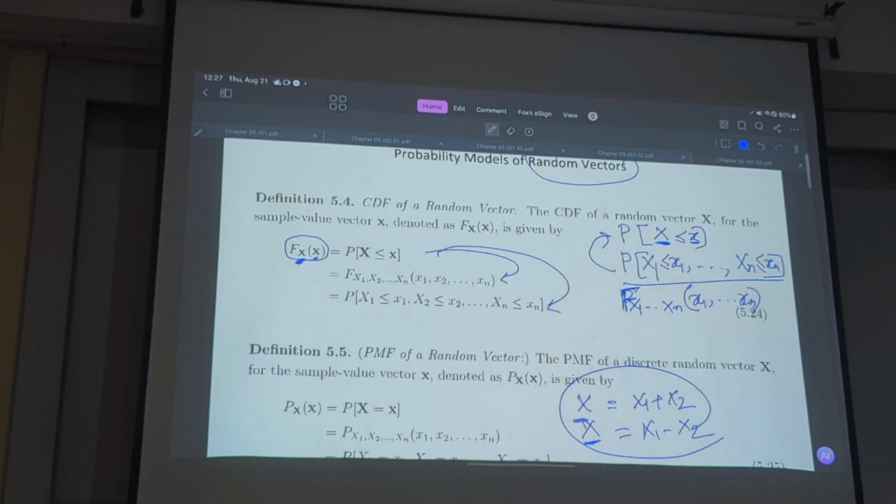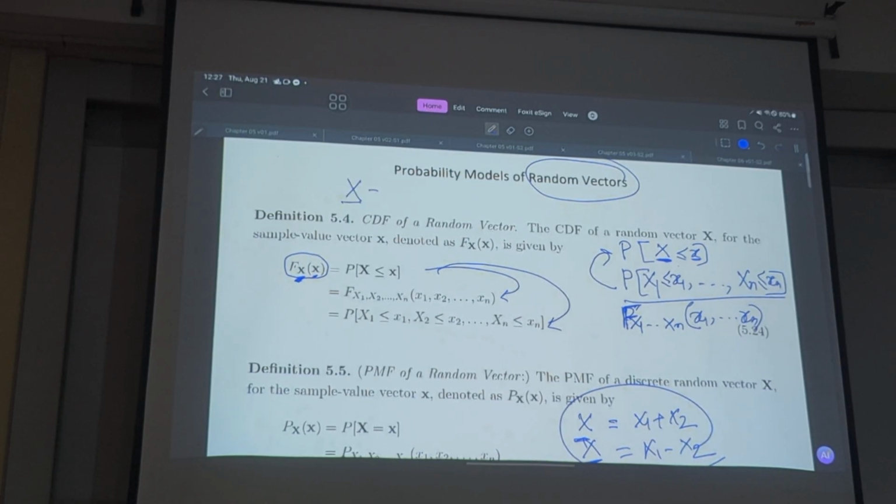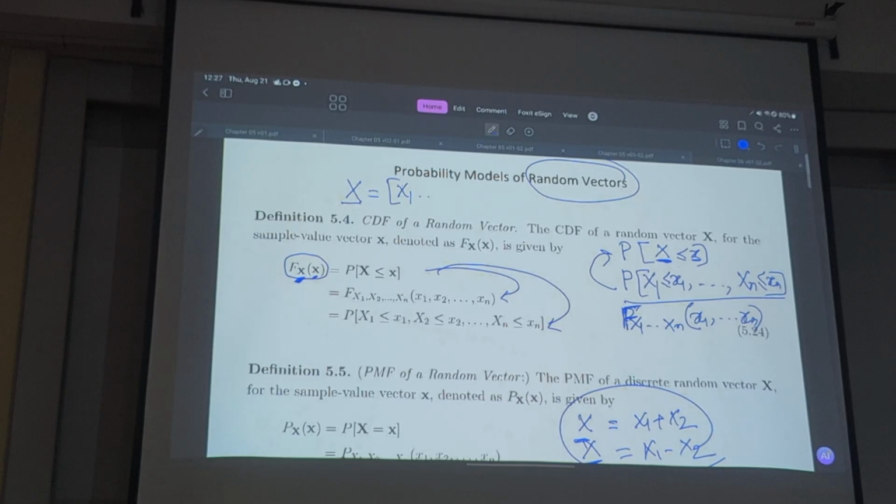If there are three random variables in the vector X, then the CDF of X is the same as the joint CDF of X1 to X3 for the values x1 to x3. Is it clear? So whenever we have a vector, that means it's a collection of random variables, and the probability model associated with the vector is the joint probability of all the components.